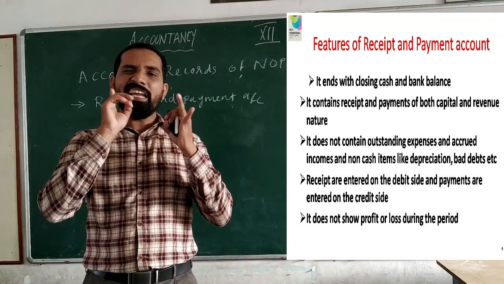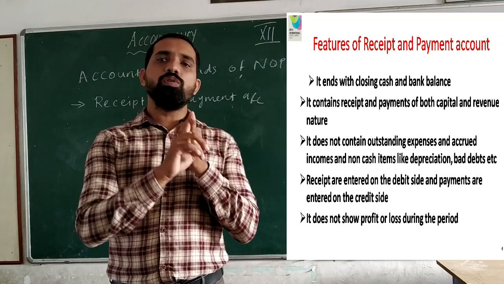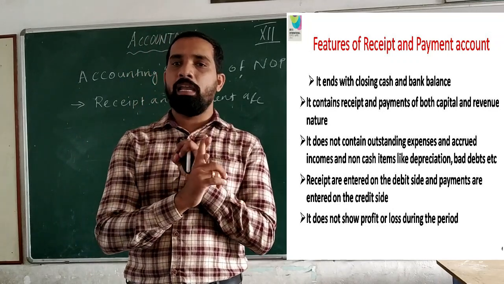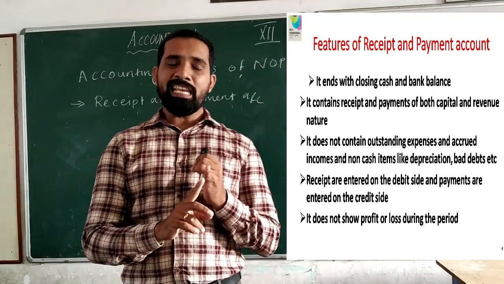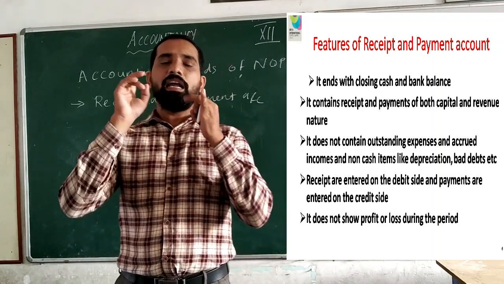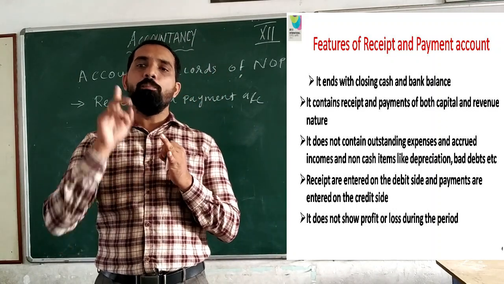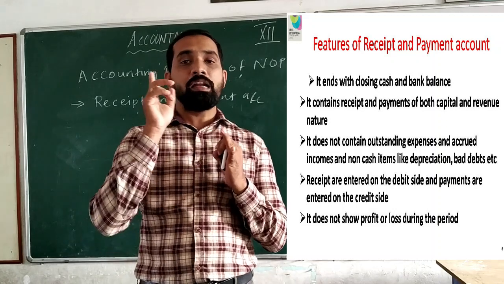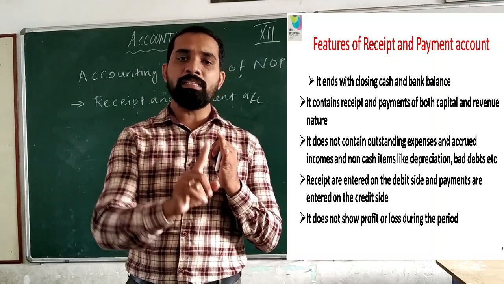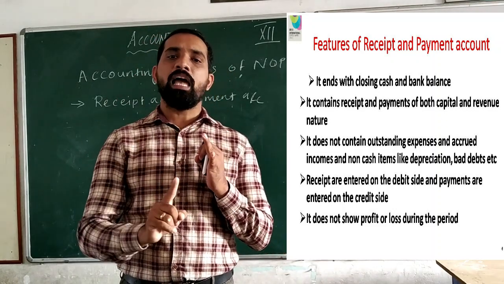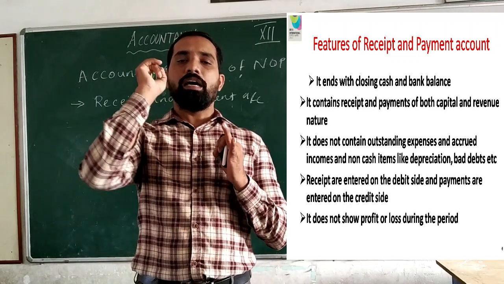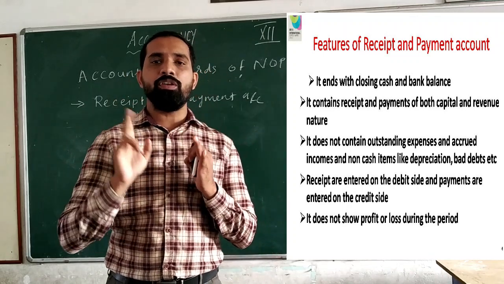Second point, it ends with closing cash and bank balance. Third point, it contains receipts and payments of both capital and revenue nature. That means both capital receipts and capital payments, revenue receipts and revenue payments.